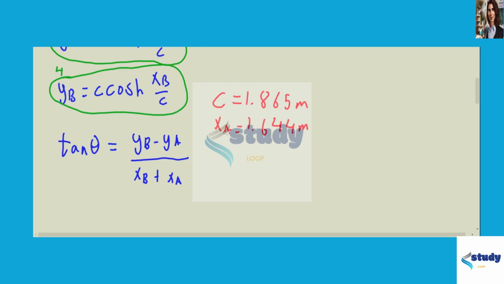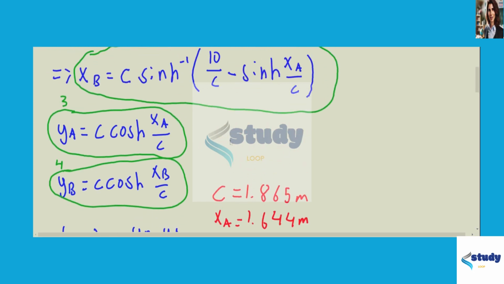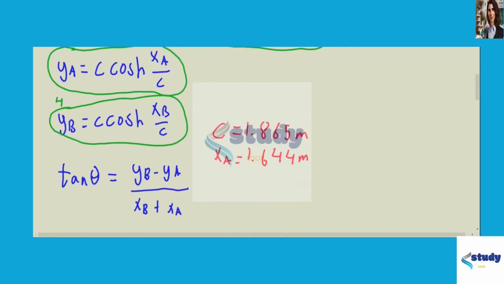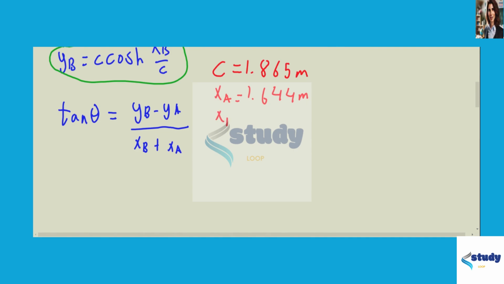So we take that value of x of a and plug it into equation 2, and then using the same value of c, we'll get a length x of b that's equal to 4.064 meters.